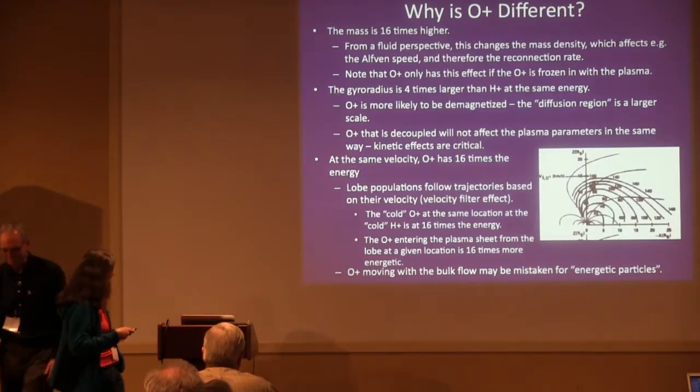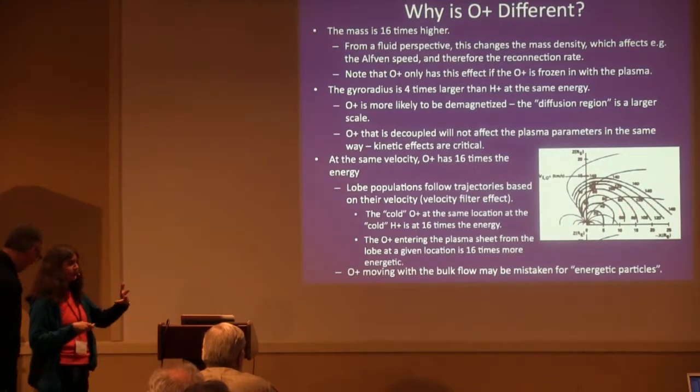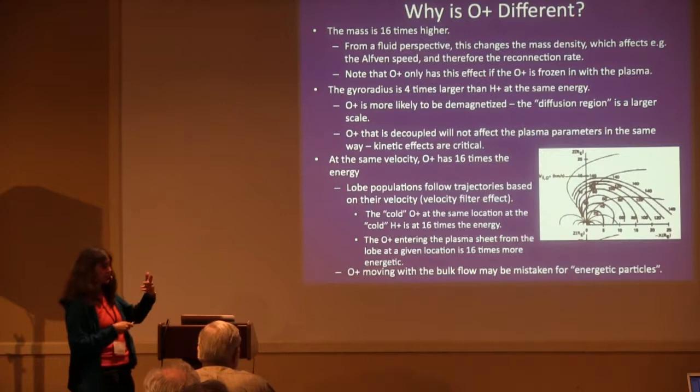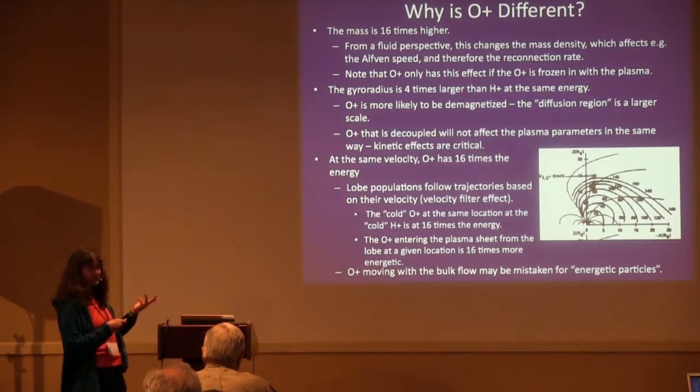Okay. Hopefully it stays. Whereas the protons that are observed here are cold and normally below the energies where the particle instruments can measure them, the oxygen on that same trajectory has this factor of 16 higher energy, and therefore can be observed.